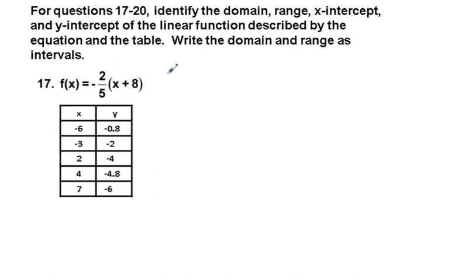Well, we're given an equation here, and we can see that being a polynomial function, being a linear polynomial function, we're going to have our domain as all real numbers, and our range is going to be all real numbers.